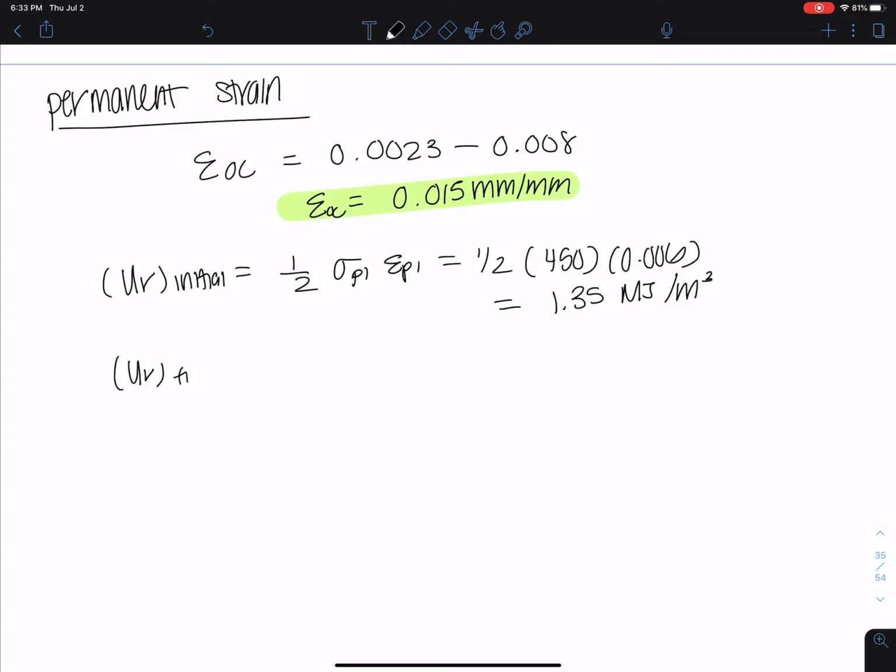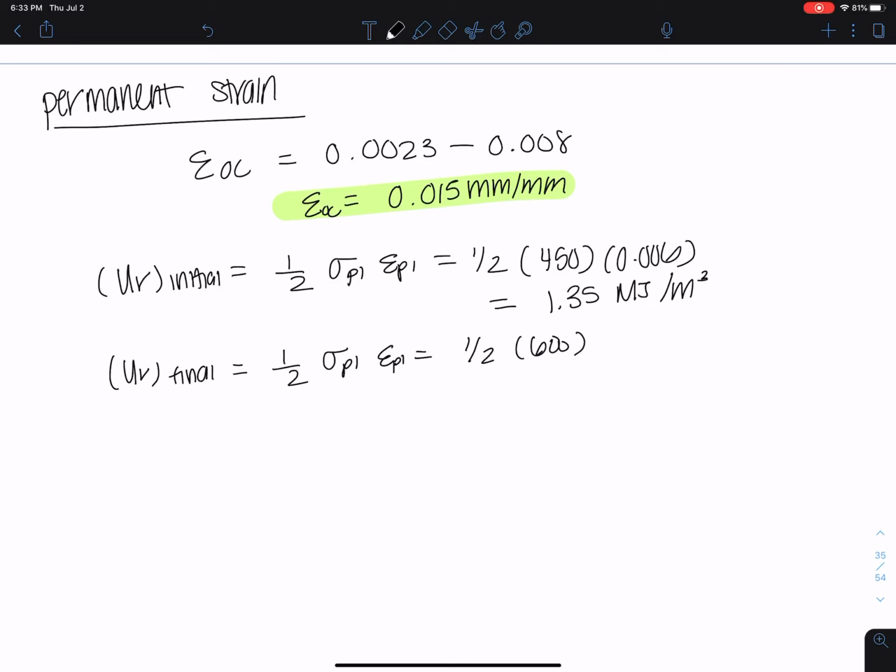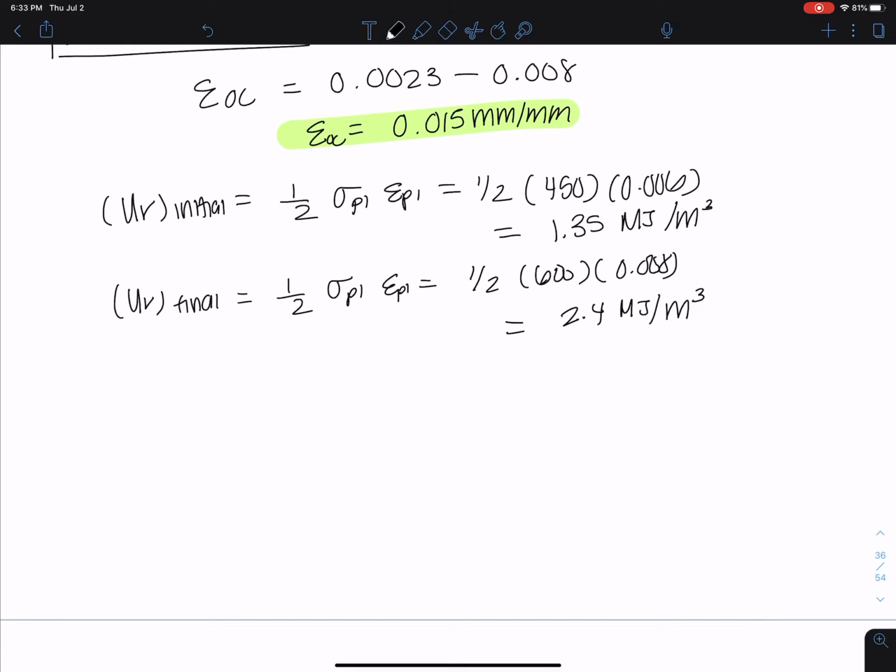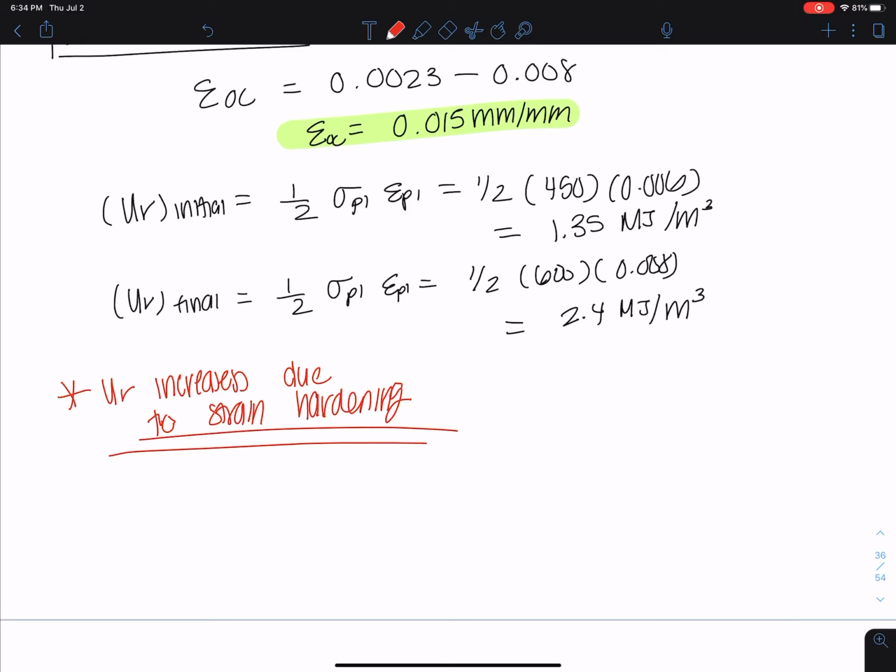And U_r final, because we have a new line now, we're going to plug in the new limit, which is 600, and we know that's at 0.008, and we get 2.4. So you see how this modulus of resilience has now increased from strain hardening. That's something you can note: U_r increases due to strain hardening. It makes sense because the area under the curve changes, right?